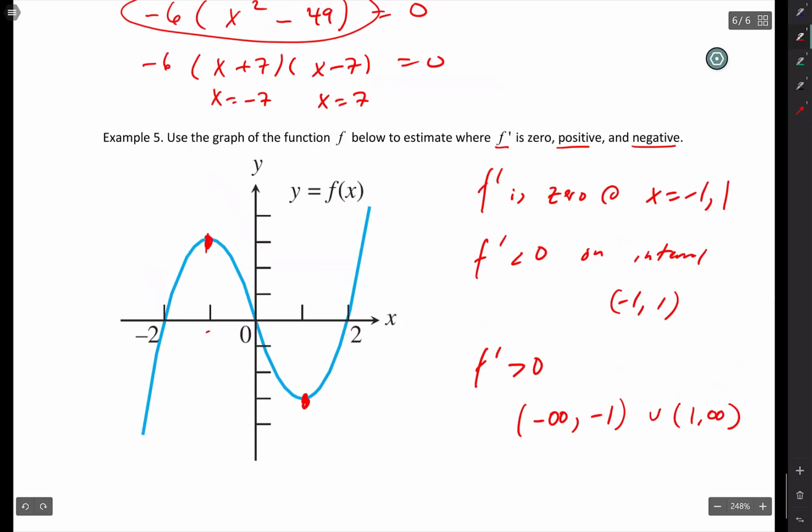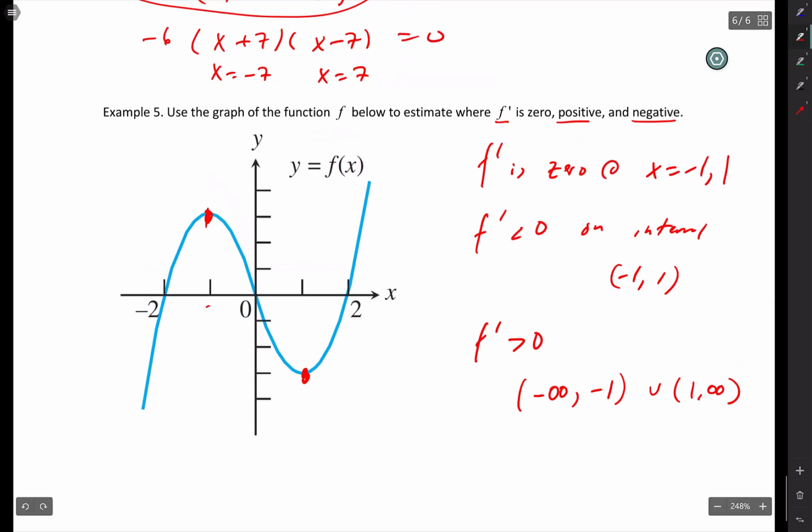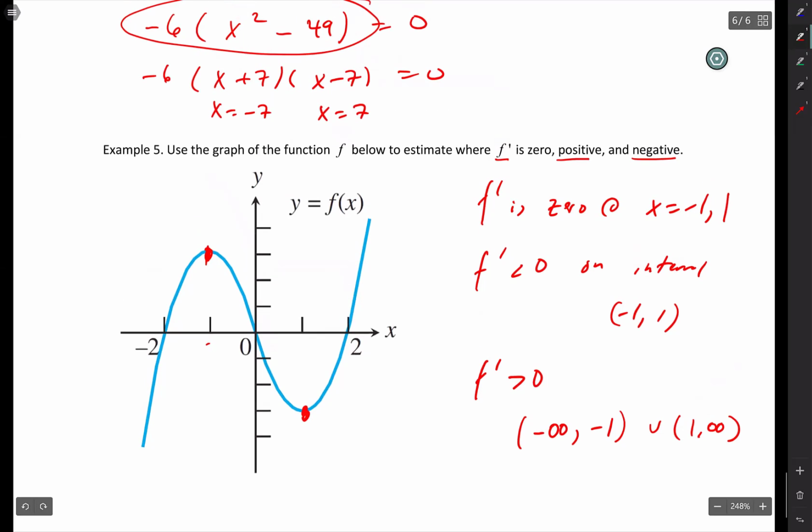On which one? No, we can't put a bracket on that because we're not asking for where am I decreasing. If I ask where is f decreasing, then you would say you're decreasing -1 to 1. But are they asking for where is f decreasing? No, what are they asking? Where is f prime negative? No, it's the context.